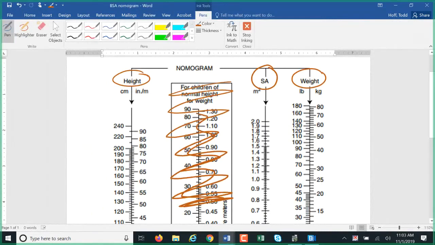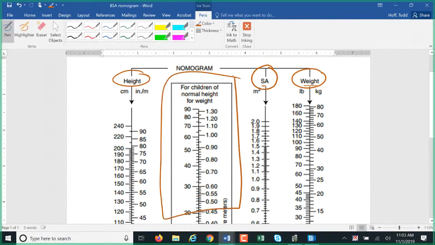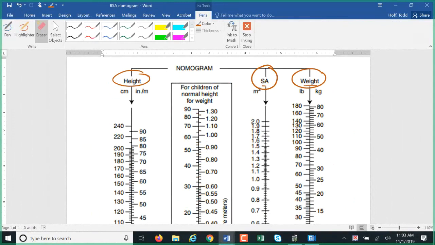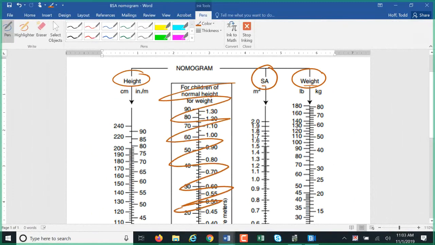But in order to make it work out, the surface area had to be a lot closer to the weight than it was to the height. So there was a big space here in that nomogram. So what they did was they inserted this little table into that space to make use of it. But for what we're about to do, we ignore that piece of it right now. We're not going to use that until later.